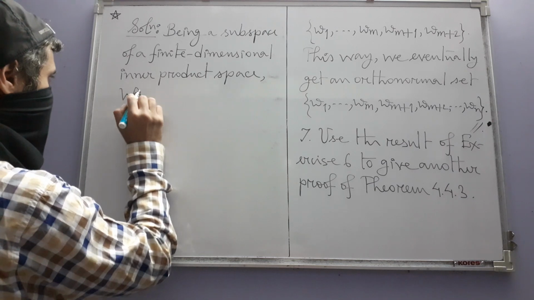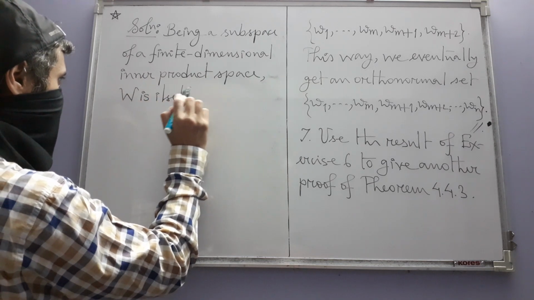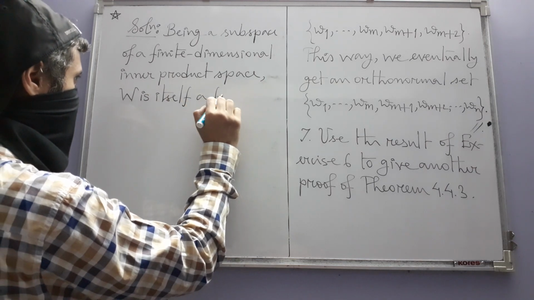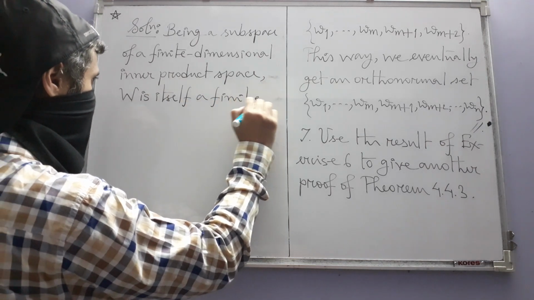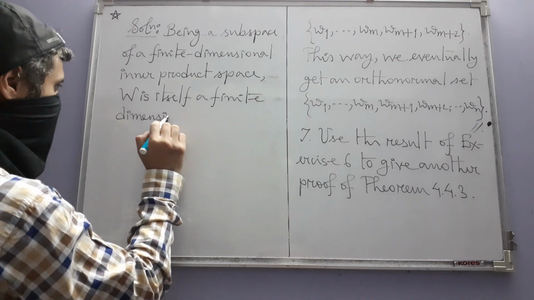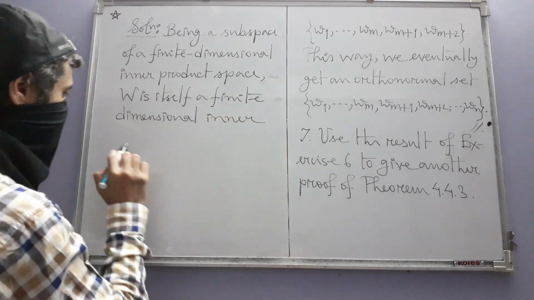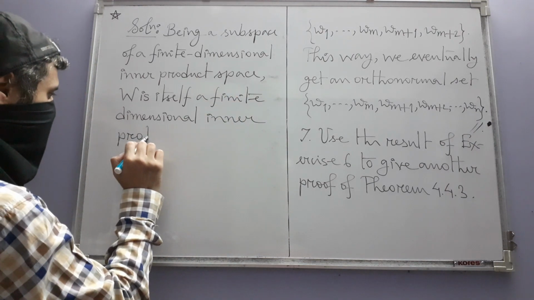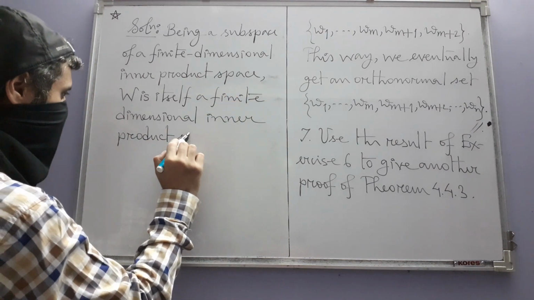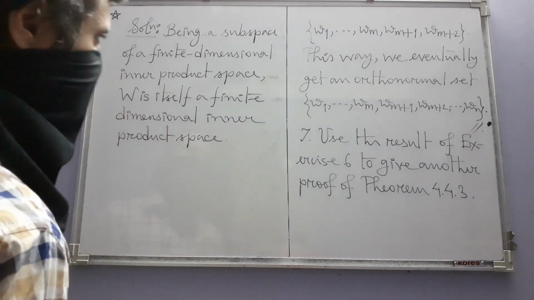W is itself a finite dimensional inner product space. Well, how are we getting this?